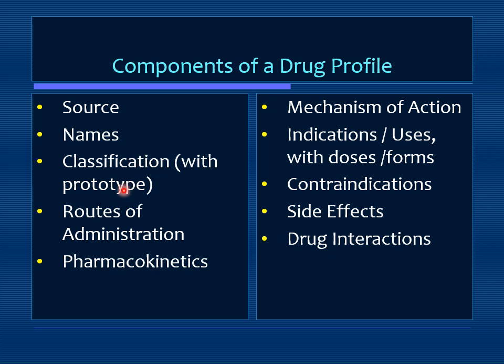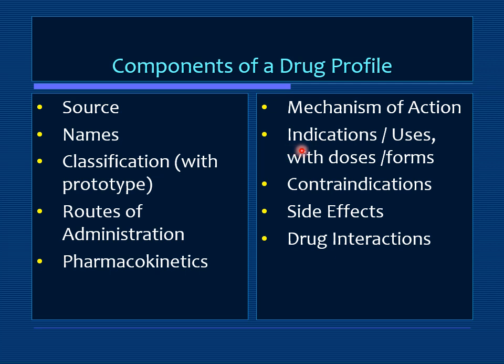Then the grouping and classification, especially with the prototype of the drug and then the other members also. Routes of administration, through which routes we are giving the drugs. Then obviously we study the pharmacokinetic aspect: absorption, distribution, metabolism, excretion. Then mechanism of action.